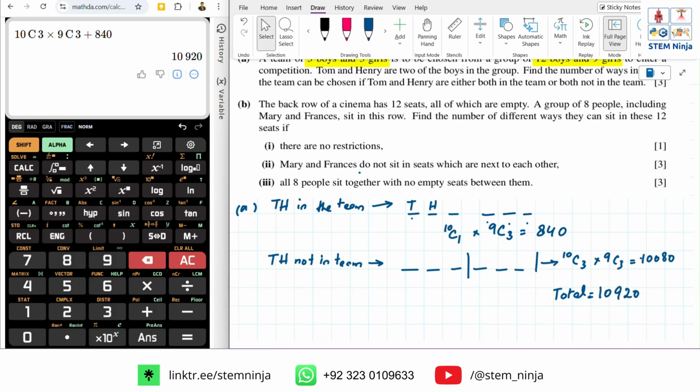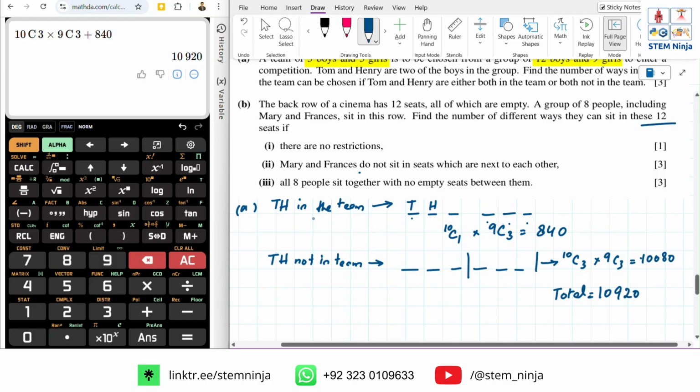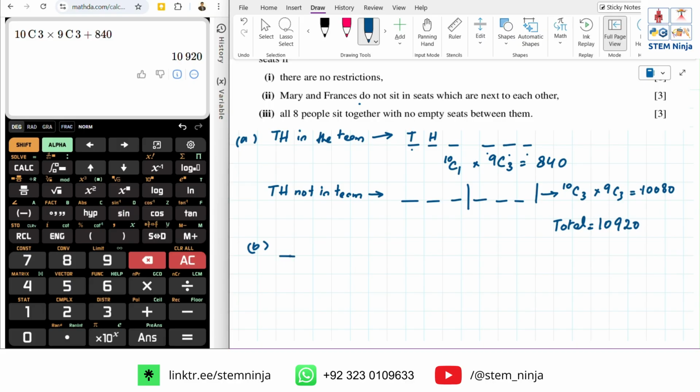Okay, now the back room of a cinema has 12 seats, all of which are empty. A group of 8 people, including Mary and Francis, sit in this row. Find the number of different ways in which they can sit in 12 seats if there are no restrictions. Okay, so if there are no restrictions, let's sketch it out. 1, 2, 3, 4, 5, 6, 7, 8, 9, 10, 11, 12.